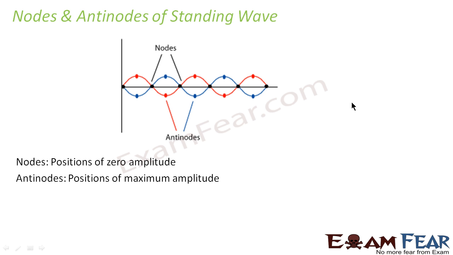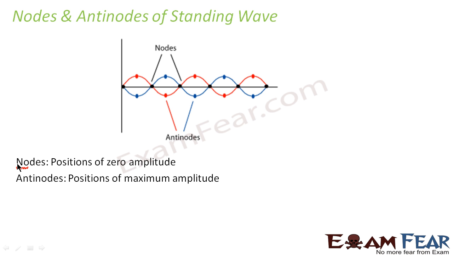Sometimes people get confused whether nodes is the position of zero amplitude or the position of maximum amplitude. Just as a memory tip, you can remember the one which starts with "no" means no amplitude. Node starts with no, that says it has no amplitude. That means positions with no amplitude are nodes and positions with maximum amplitude are antinodes.